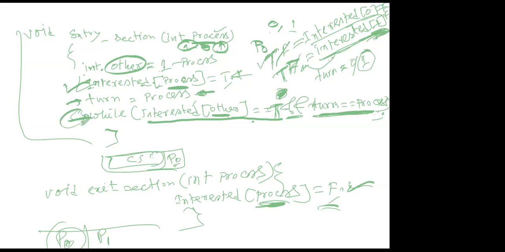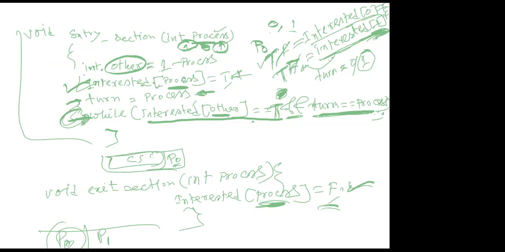So even though process P0 is currently inside the critical section, process P1 cannot enter the critical section. It will keep executing the while loop until process P0 completes its critical section.